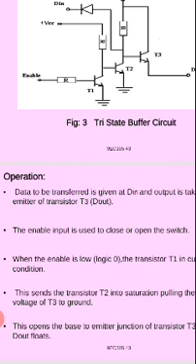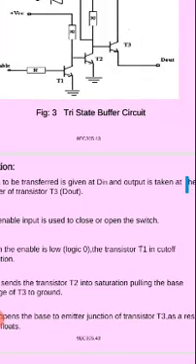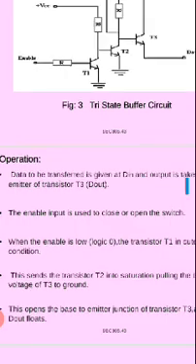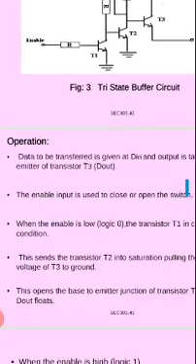This sends the transistor T2 into saturation, pulling the base voltage of T3 to ground. This opens the base to emitter junction of transistor T3. As a result, D out floats.